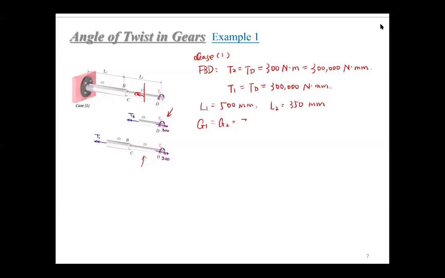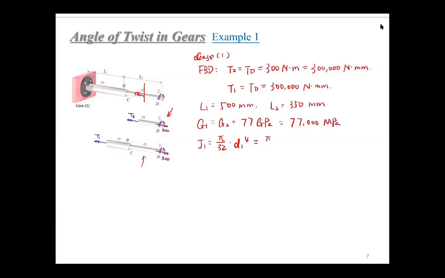This is 77 GPa, but we need MPa, so this will be 77,000 MPa.